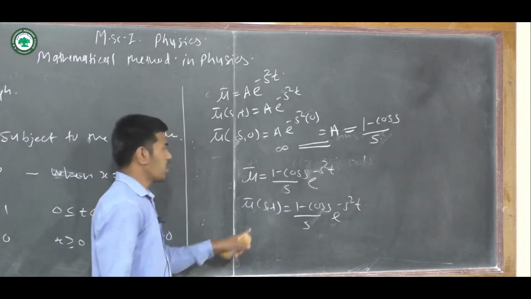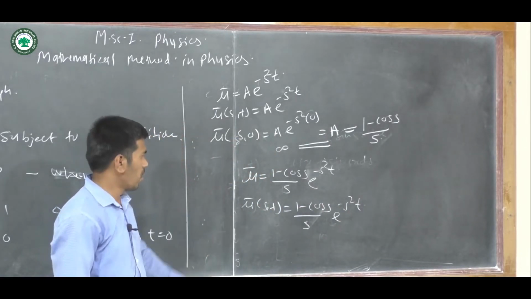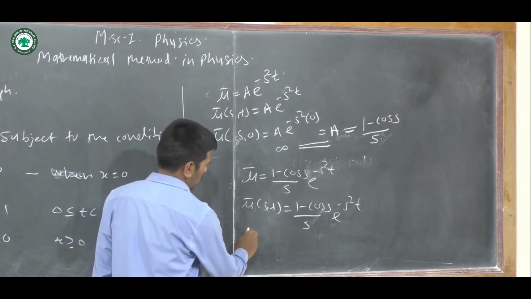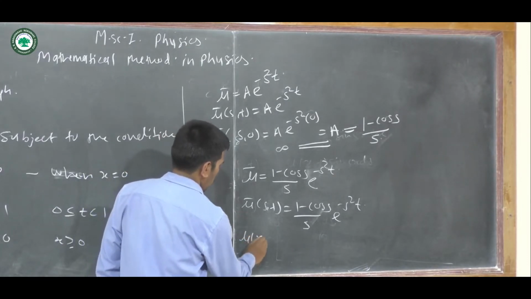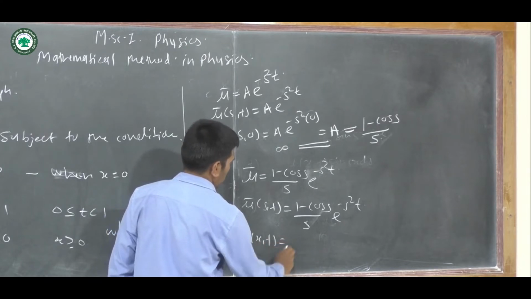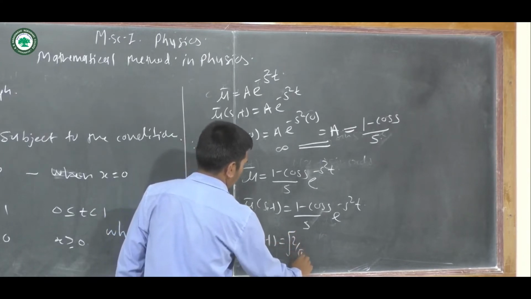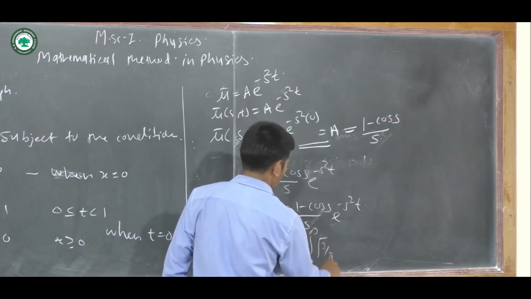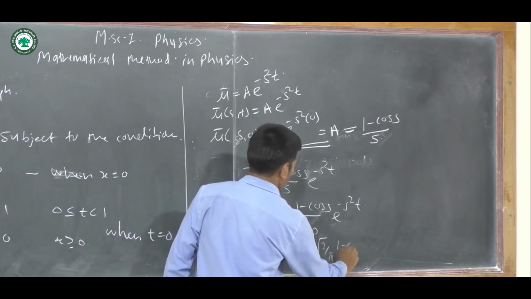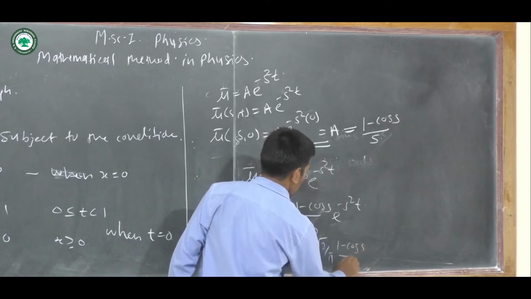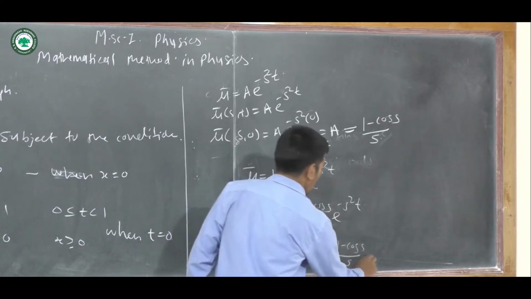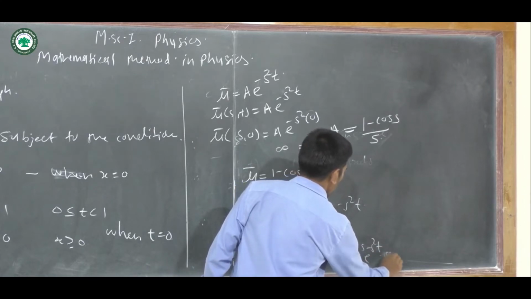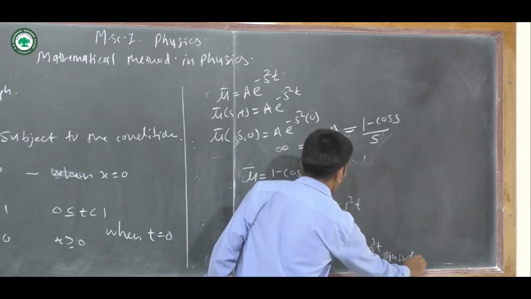Okay, so we now have the expression for u bar, but here we want u. So by inversion theorem we can write u, which is a function of x and t, is equal to root 2 over pi integration from 0 to infinity of root 2 over pi times 1 minus cos s divided by s times e raised to minus a square t times sine sx dx.